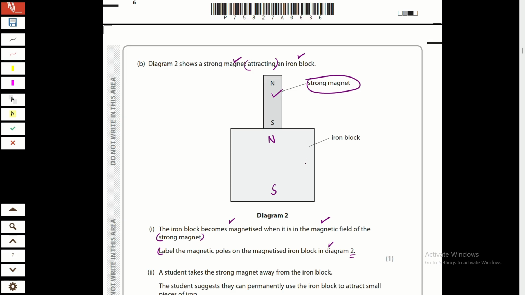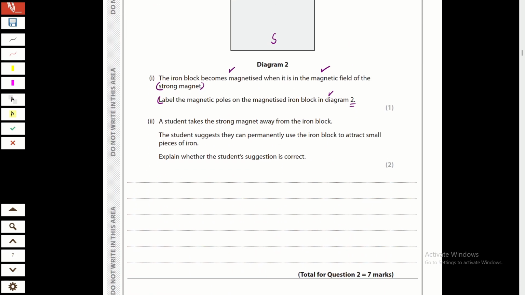So if the magnet is attracting the iron block, the south pole is basically attached to the iron block. It can only happen if this end of the iron block is north, because we know that opposite poles attract. If this one was south, then the strong magnet wouldn't have attracted the iron block. All right, so that was the solution for B1.